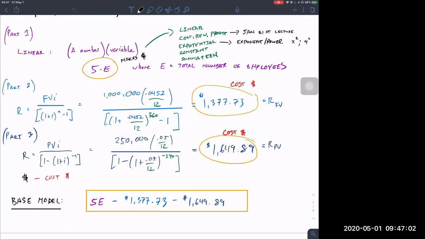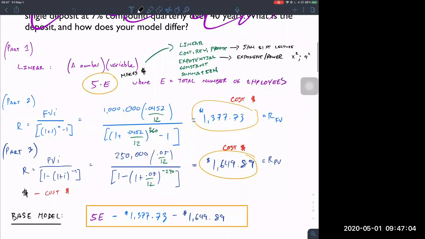All right, what other questions on this portion, in terms of understanding components as well as constructing your base model? Because after that, we'll talk about the follow-up questions. I'll give you a moment to think.